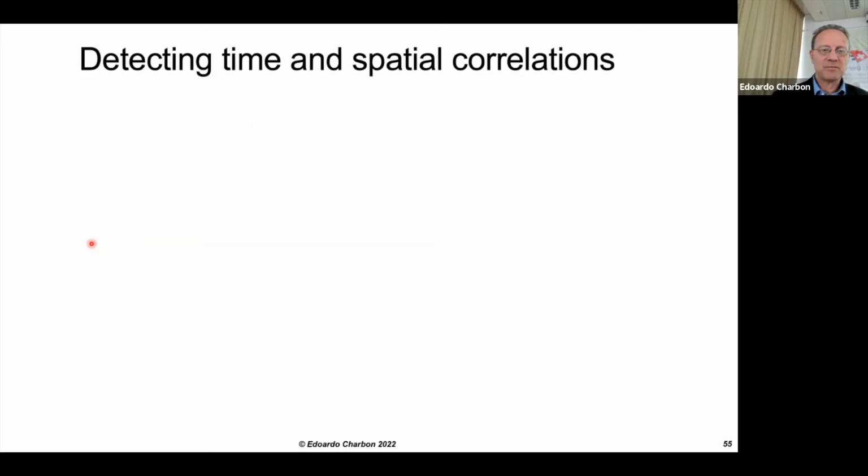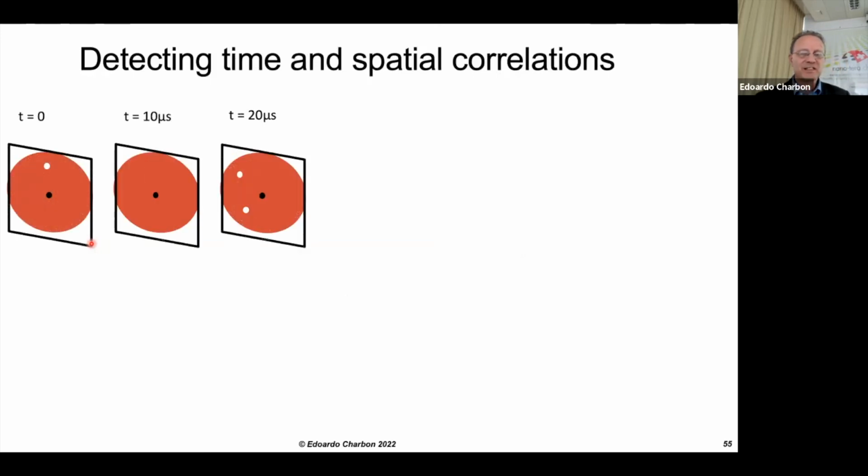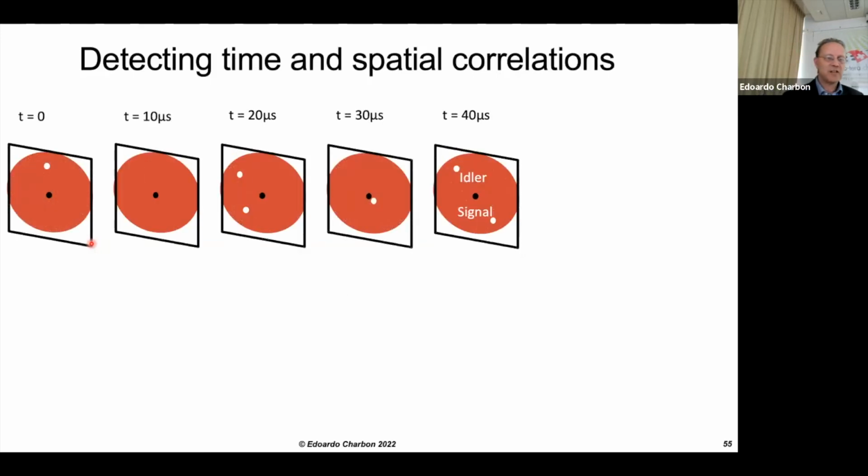So what does it mean? It means that if I take a sequence of images at very high speed, I will be able to detect whether a photon is a single photon, or a double photon but not entangled, or if I have both entangled photons on the single plane.